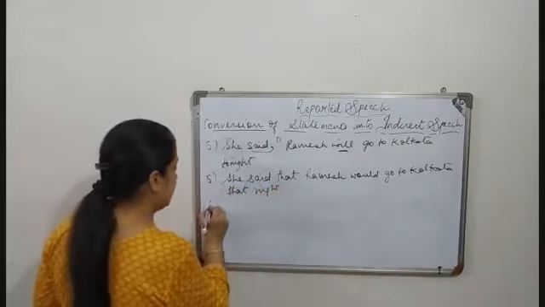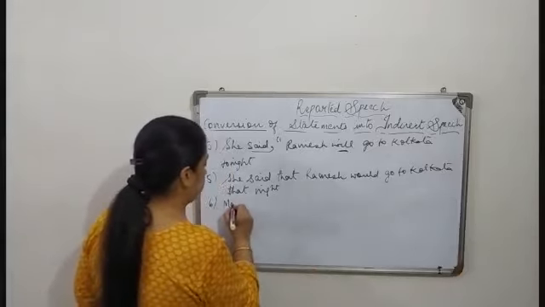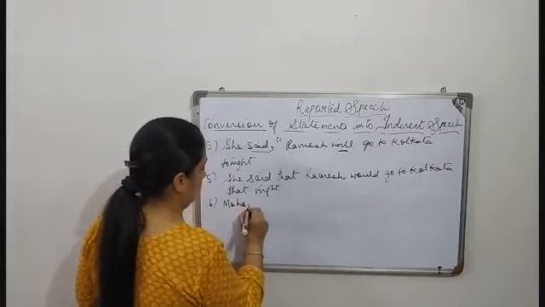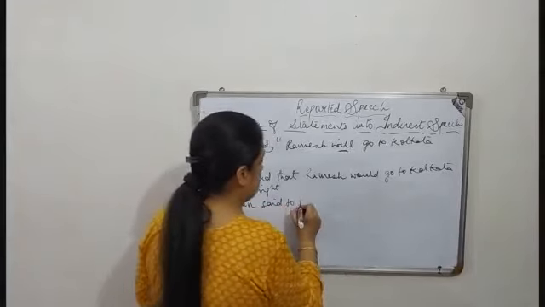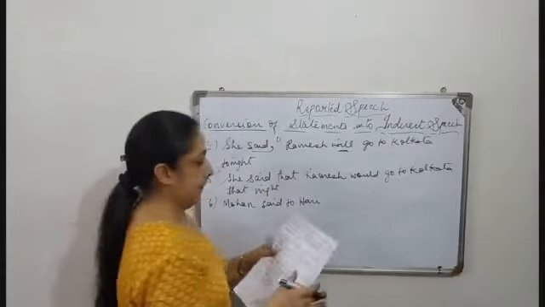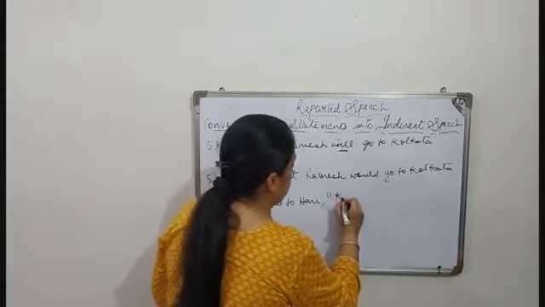Alright, sixth sentence. Mohan said to Hari. Mohan said to, here said to will be converted. Said to Hari, comma, inverted comma open.